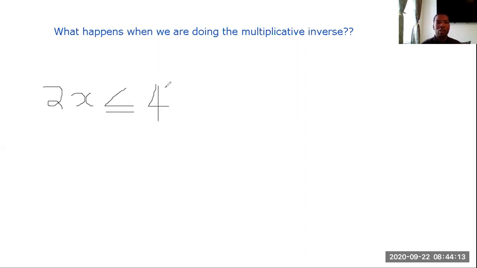Could someone put in the chat real quick, just like how if we had 2x equals 4, what would I do to solve for x? It's the same procedure. What would I do to solve for x if I had 2x is less than or equal to 4? Could you please put it in the chat? I'll see what you said once I open it. There it is. What would be my first step if I'm trying to solve this one right here? I'm trying to find what x is.